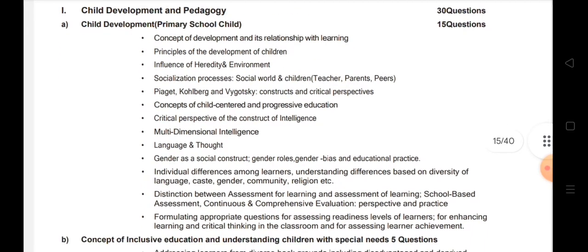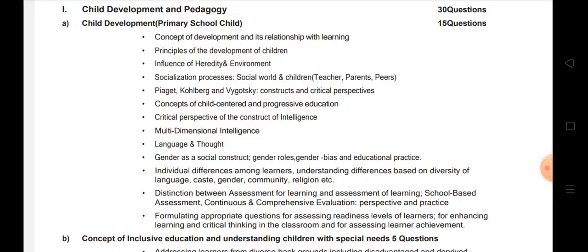What are we supposed to study for primary school children? First, the concept of development and its relationship with learning. We have to know the different types of development, be it cognitive, social, moral, physical or emotional development. All these different aspects of development we need to study.